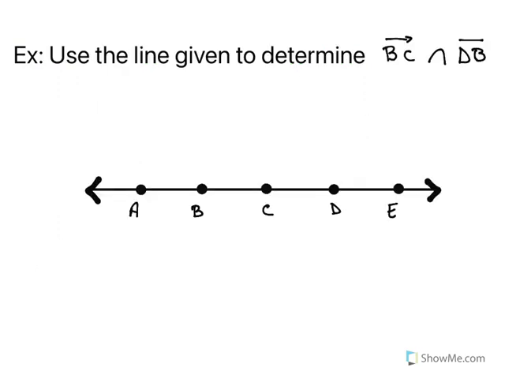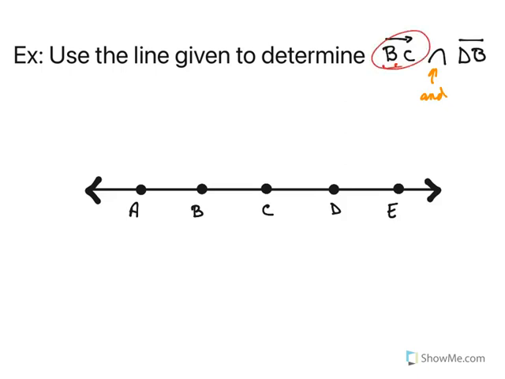So let's look at this. We are going to use the line given to determine ray BC intersection line segment DB. We know that intersection means and. So ray BC and line segment DB. I'm going to do this with some notation.